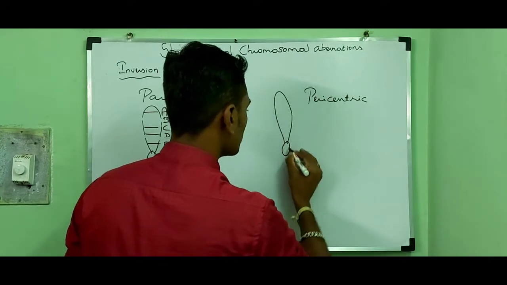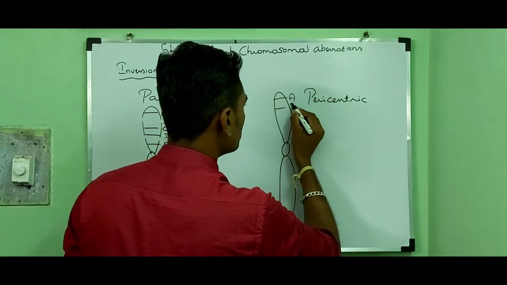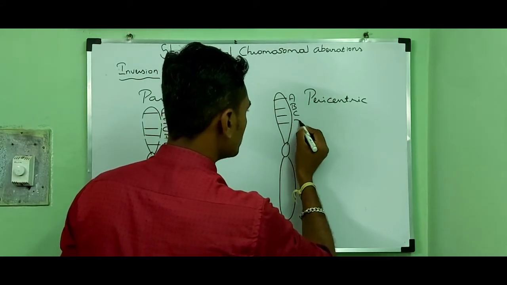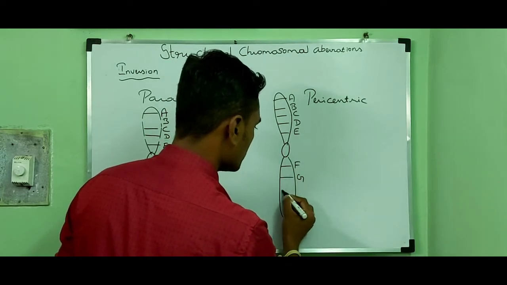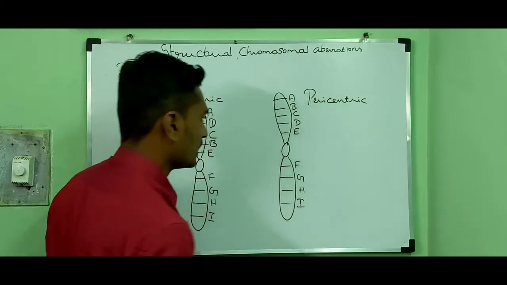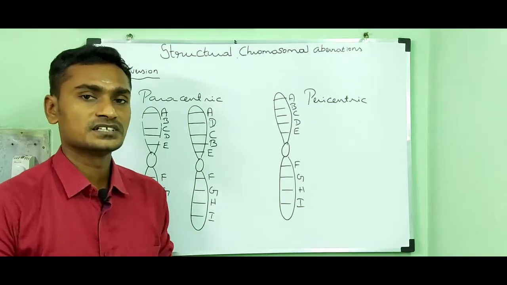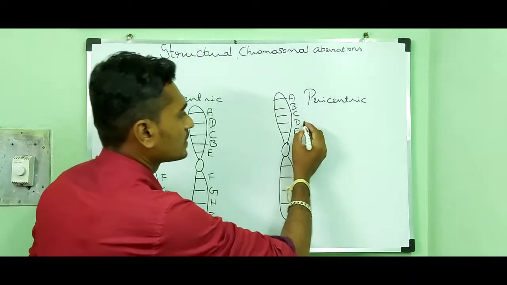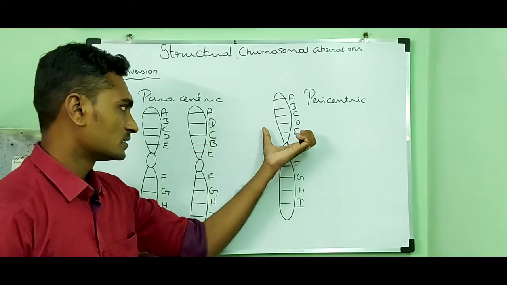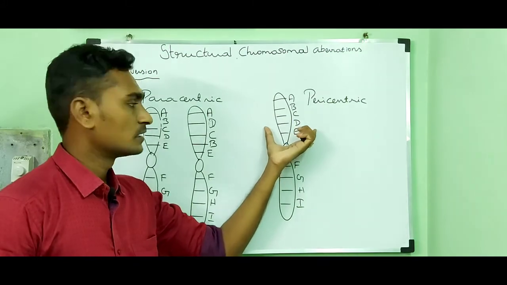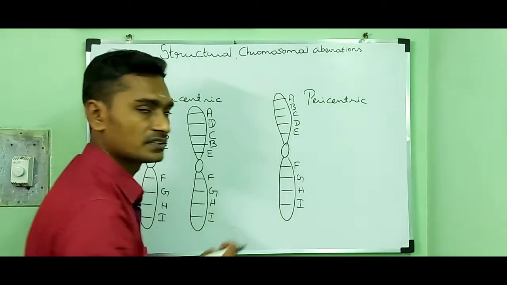So this is a chromosome which contains capital A, capital B, capital C, capital D, capital E, capital F, capital G, capital H, capital I. In this chromosome, the inversion occurs on capital D, capital E and capital F genes.